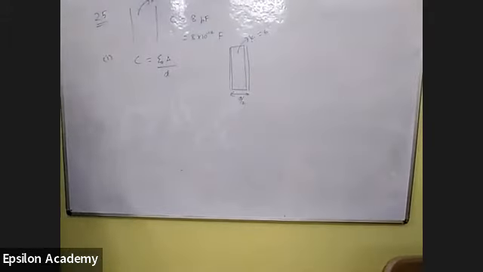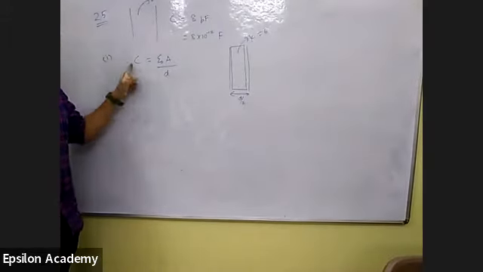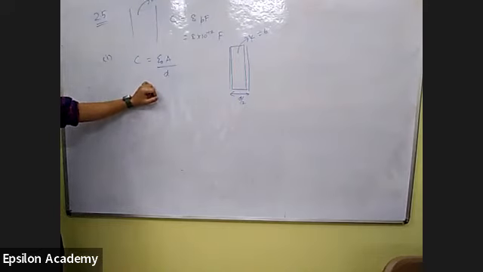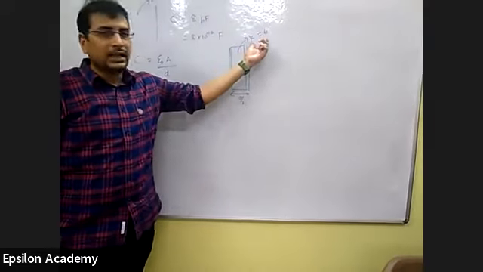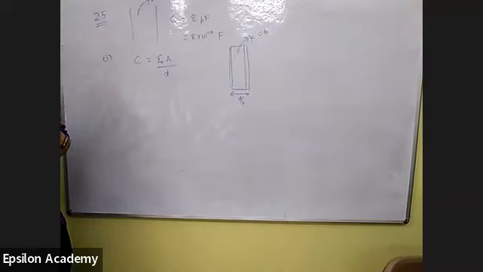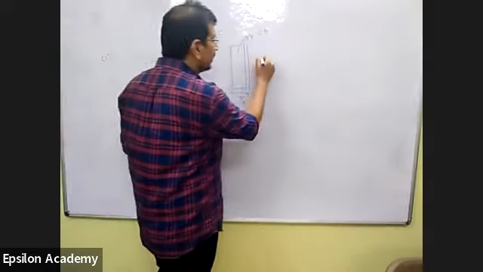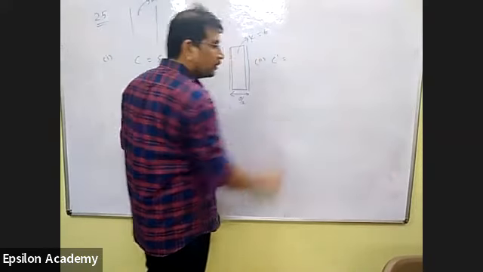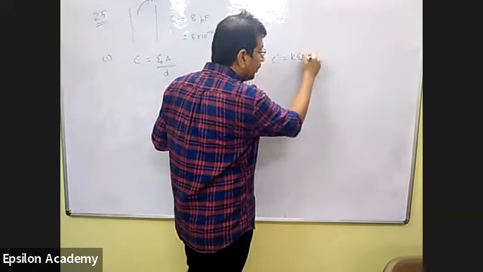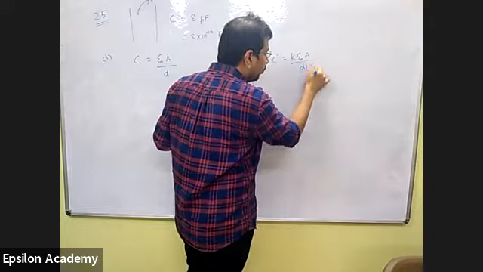See, generally, if you observe the formula itself, if the distance is decreased, what will happen to the capacitance? Increase. So if dielectric is inserted, again it is going to increase. So D by 2 and the dielectric both are contributing to the factor of increase in the value of capacitance. They are asking by what factor it will increase. So in the second scenario, C dash is equal to K times epsilon naught into A divided by D by 2.